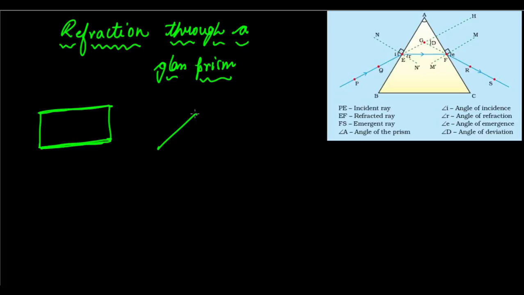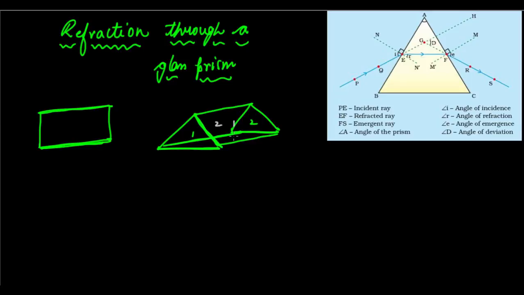A prism is basically a kind of solid which has a triangular shape, a triangular prism we are seeing here. So it has two triangular faces and three rectangular faces. This is one, this is two, and there are two triangular faces and three rectangular faces.